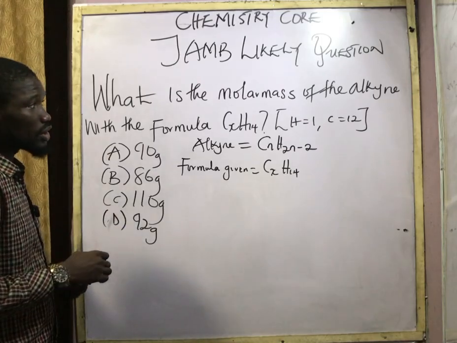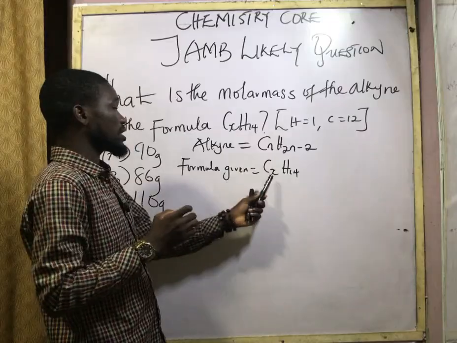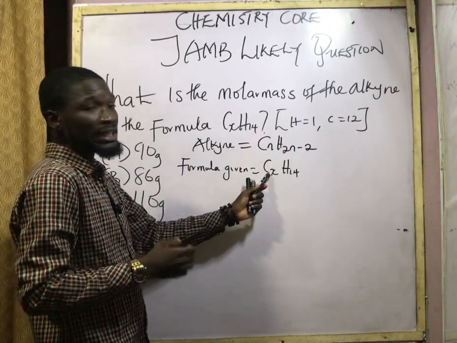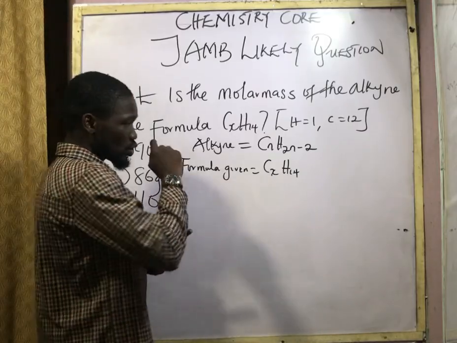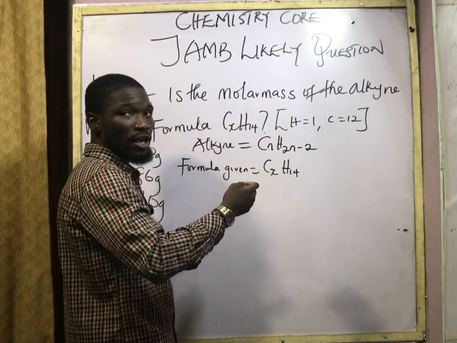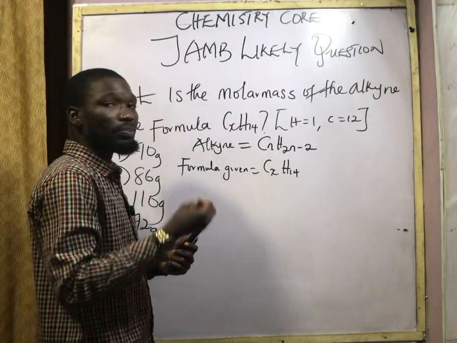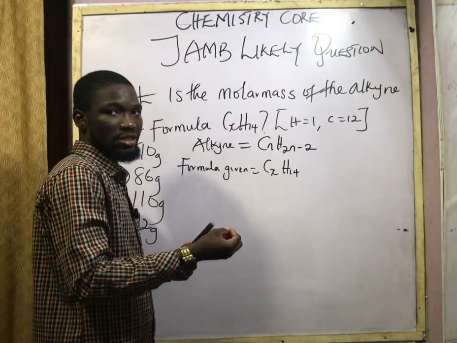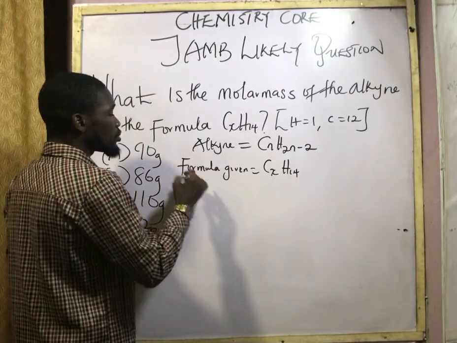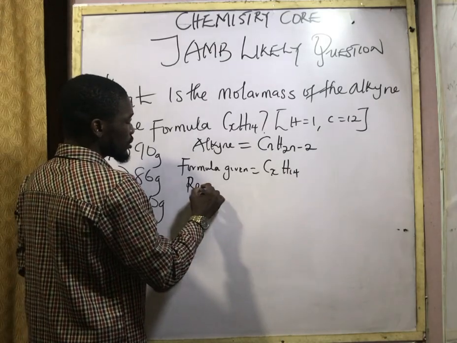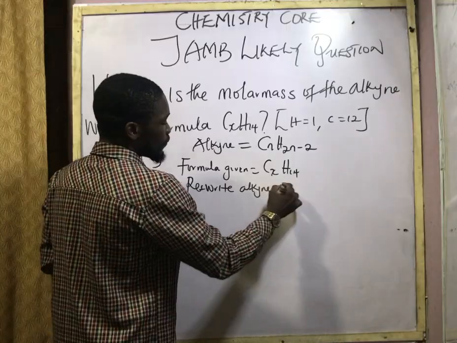And mind you, the chemical formula is not complete yet because we don't know the number attached to this X. So the first thing we are going to do is rewrite the molecular formula of alkyne by replacing the n with x, because we don't know the value of x here. So rewrite the alkyne formula.